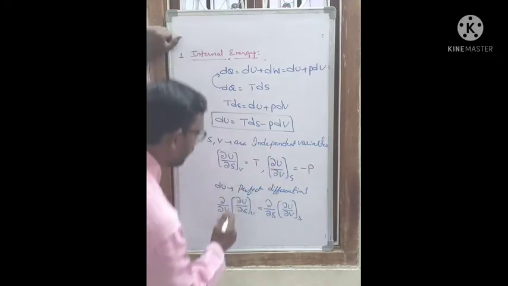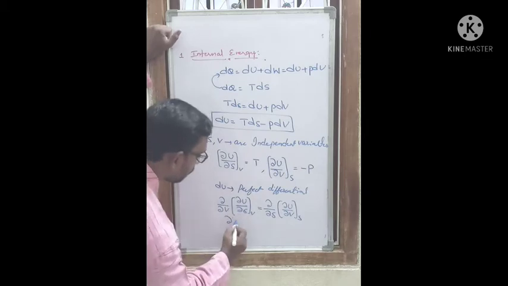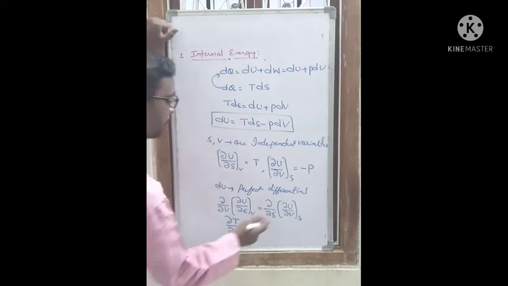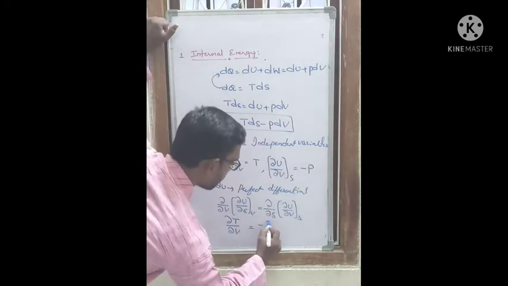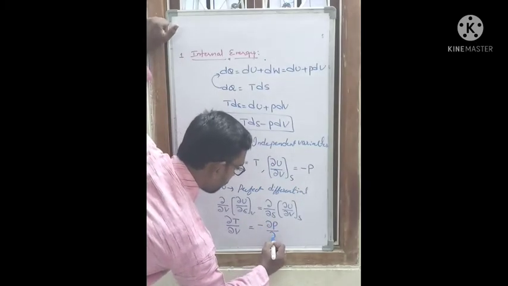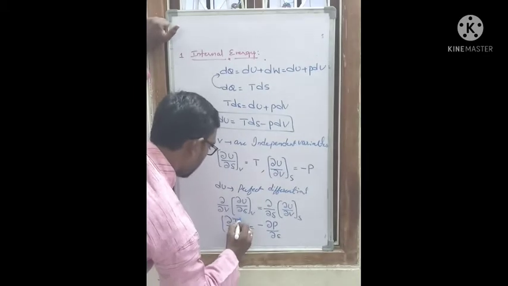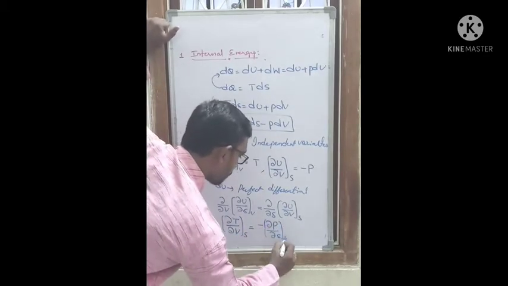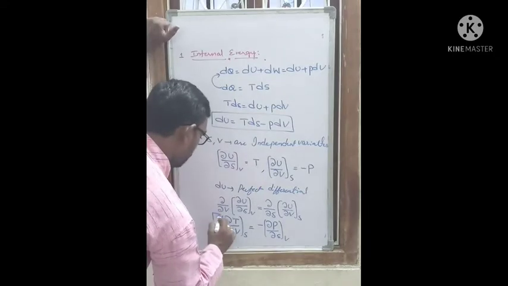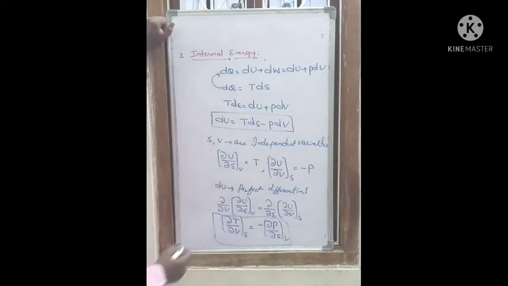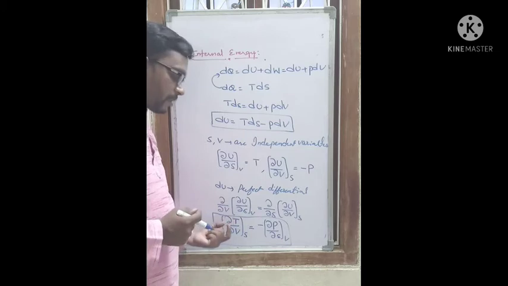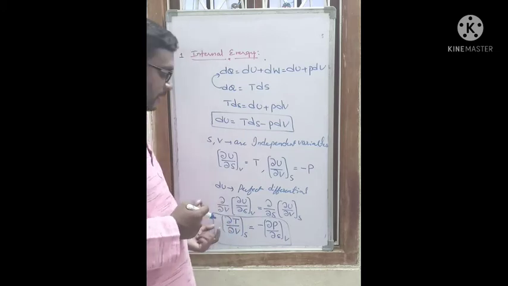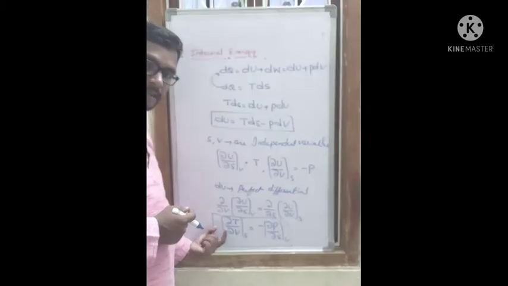Then finally what we get here is dou t by dou v equal to, substituting the p value, minus dou p by dou s. Okay, so here you have to put constant entropy, and here constant volume. So this is Maxwell's thermodynamic first equation.